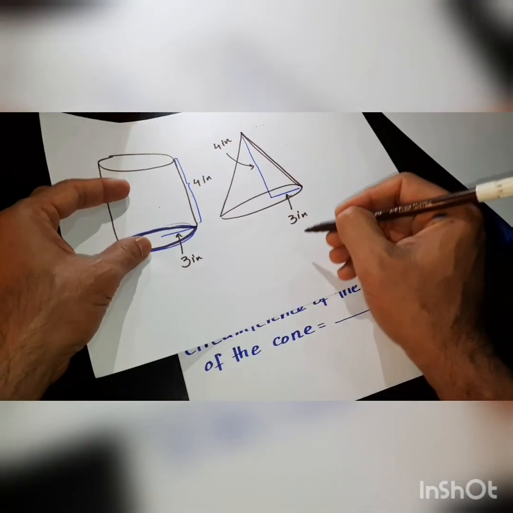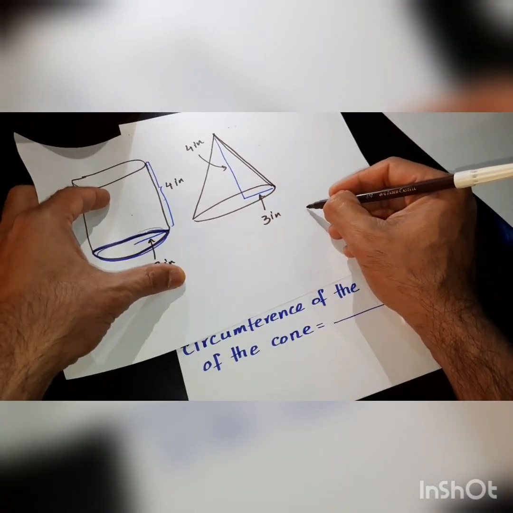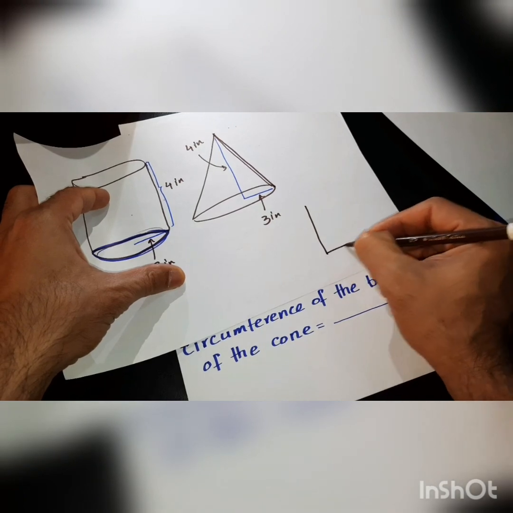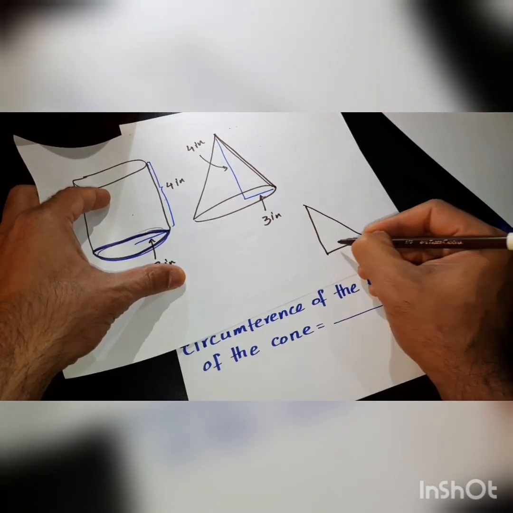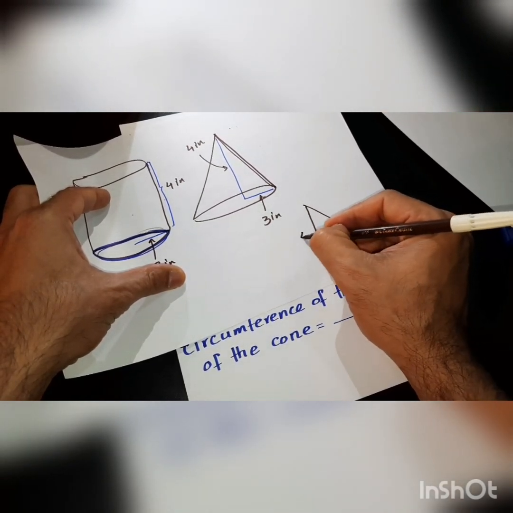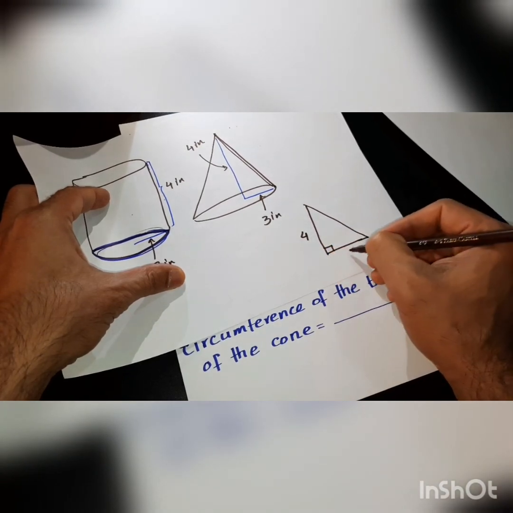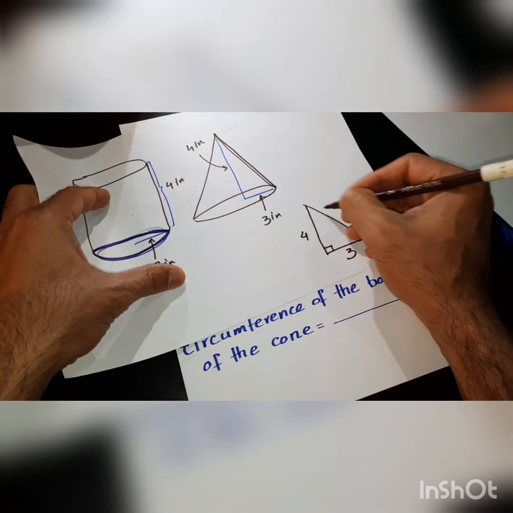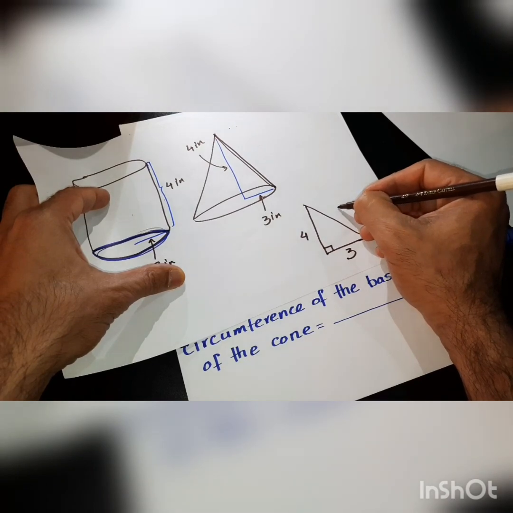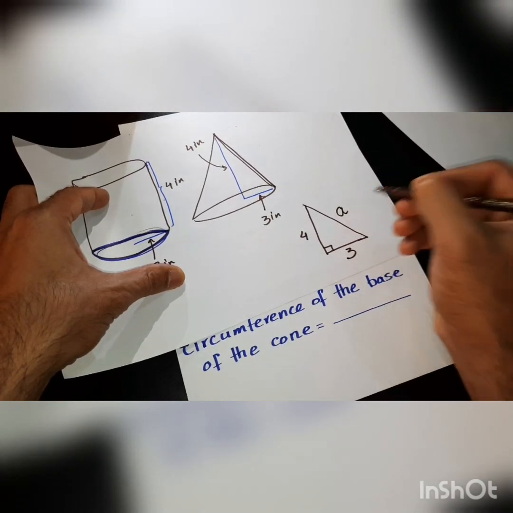It forms a right angle triangle. We have 4 inches, 3 inches, and the hypotenuse side is A.